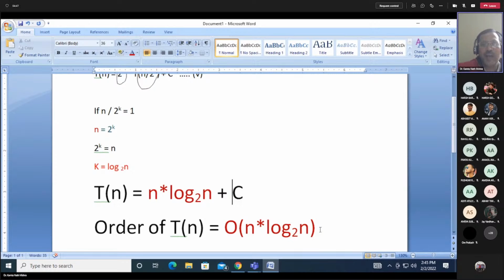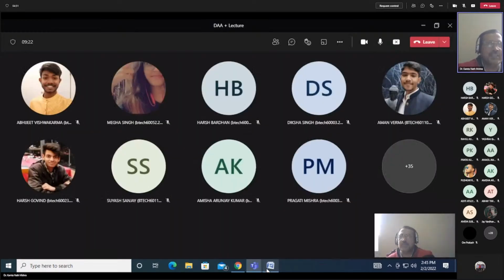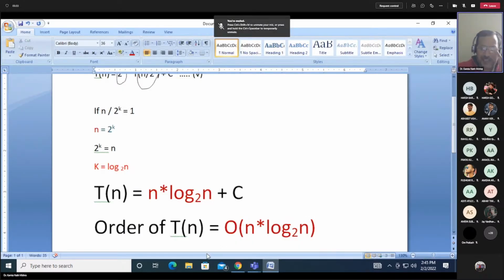Okay. So I said that for solving recurrences, how many methods can you use? 3 methods. The first method was the substitution method.